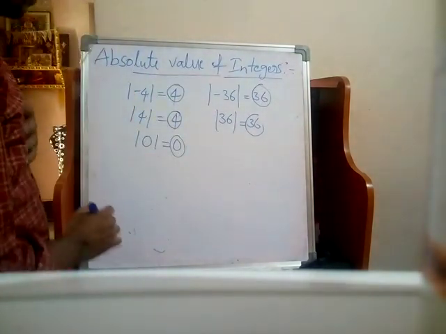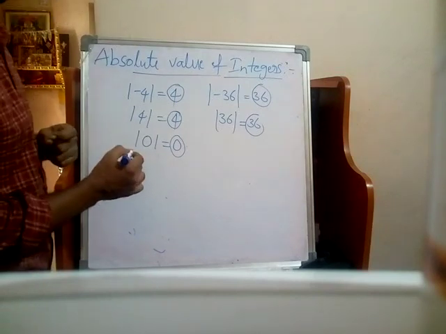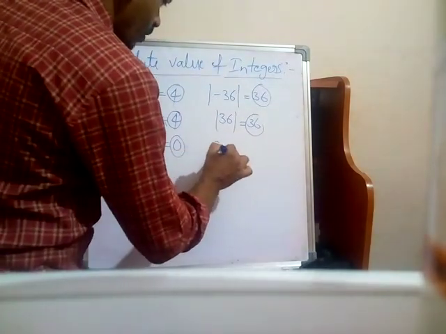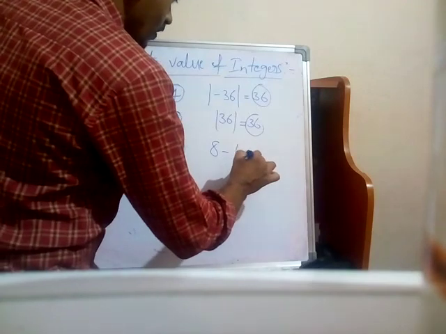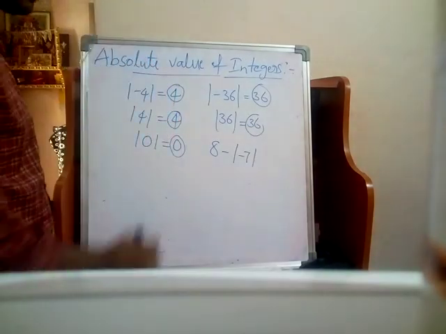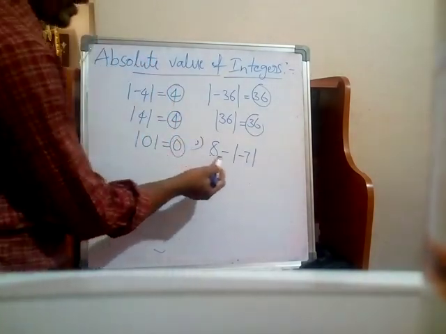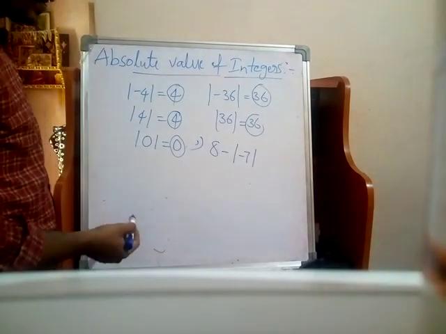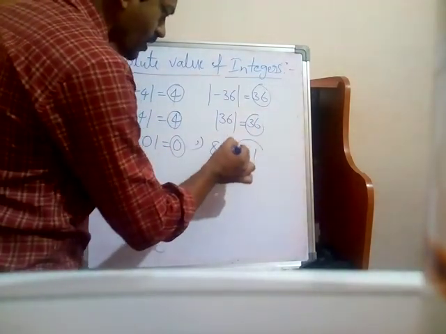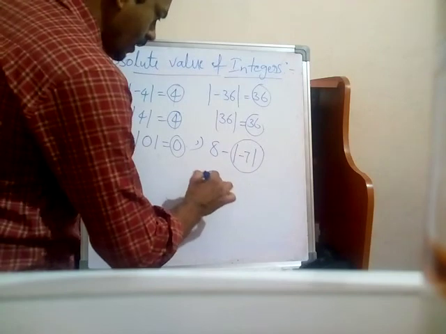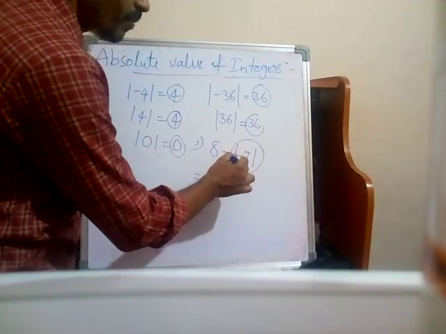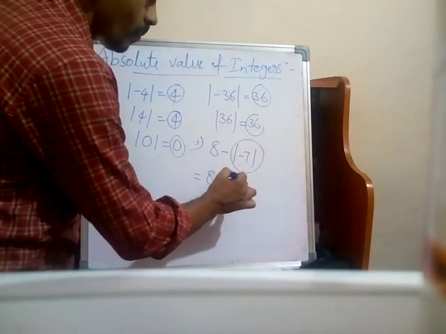Okay. Now I will ask one question. So 8 minus modulus of minus 7. So what is this value? First of all simplify this term. Modulus of minus 7 is plus 7 only.